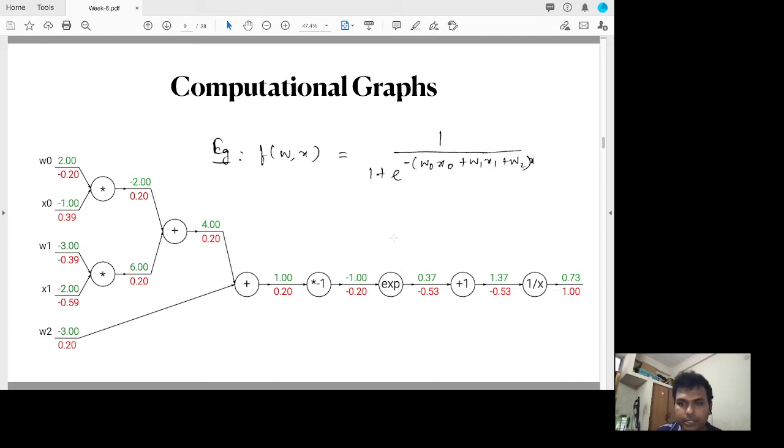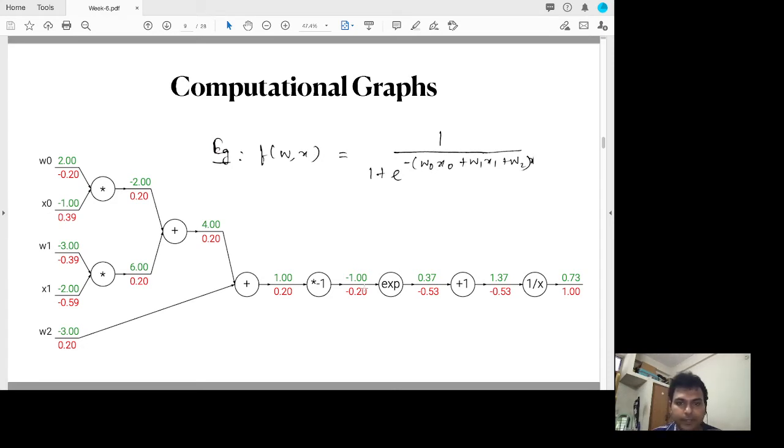Then we take the exponential, add 1 to it, and then take 1 by it. Is it clear how this equation becomes this particular graph? It's precisely the same thing that we did in the previous slide, just on a bigger example. Is this clear? Absolutely, yes, clear.